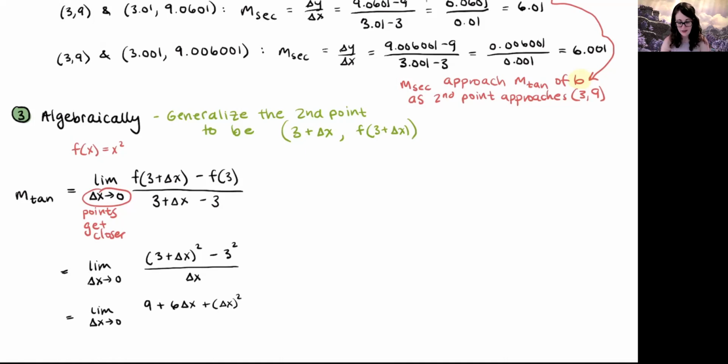If we're not sure where that's coming from, take a sec to actually work out what this would be. This is going to be 3 plus delta x times 3 plus delta x. So you just might need to distribute everything out. We have the first, then the outer, then the inner, then the last, and you'll end up with this here. And then minus 9, that is 3 squared.